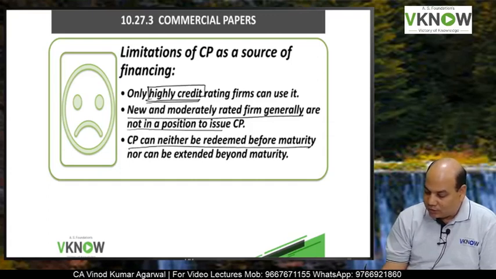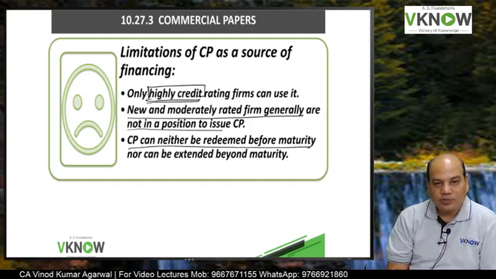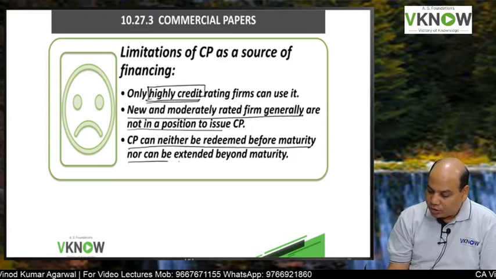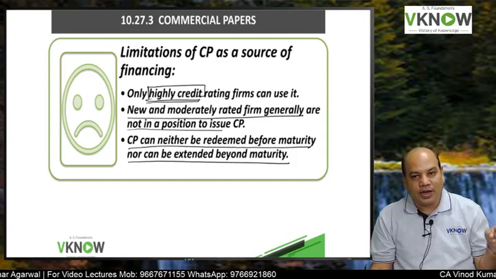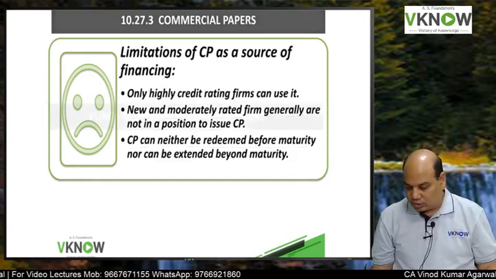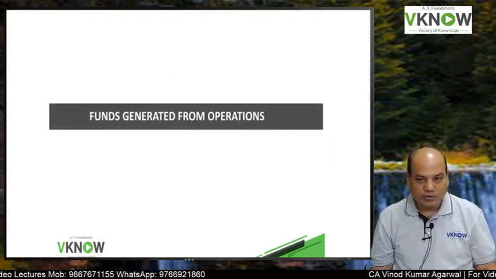Another drawback is it cannot be redeemed before maturity. It will be redeemed on maturity, nor can it be extended beyond maturity. You have to redeem the old one on maturity and issue the new one. So some flexibility is not there.